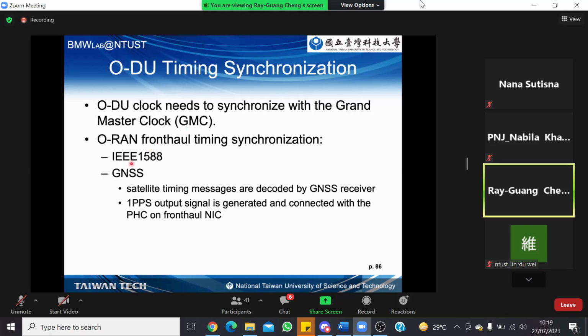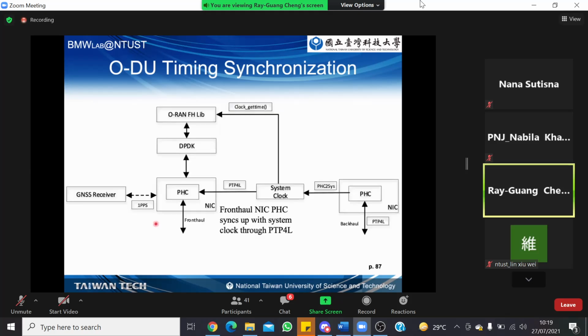They define that you can use IEEE 1588, the protocol we just mentioned. You can also use GPS for synchronization. You can use GNSS to get a timing resource, then it generates a one PPS output signal, which you can use to sync with the NIC card.